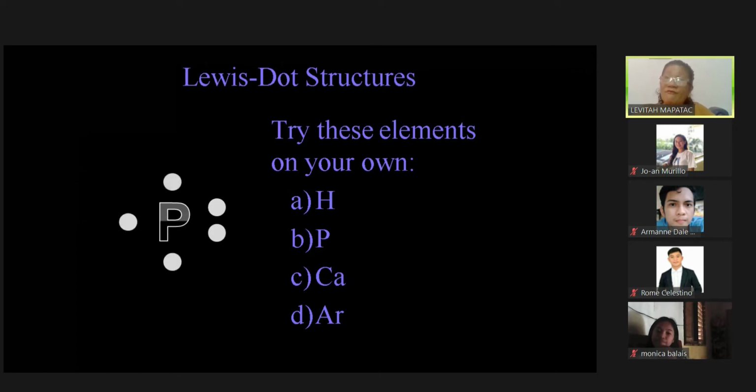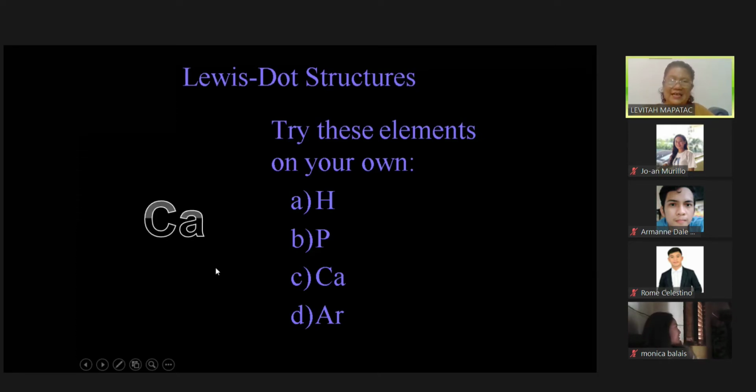There are 5 electrons because it belongs to group 5. It is counterclockwise, not clockwise. 1, 2, 3, 4, 5. Another, calcium. Look for calcium in your periodic table. Then you start placing your dots.